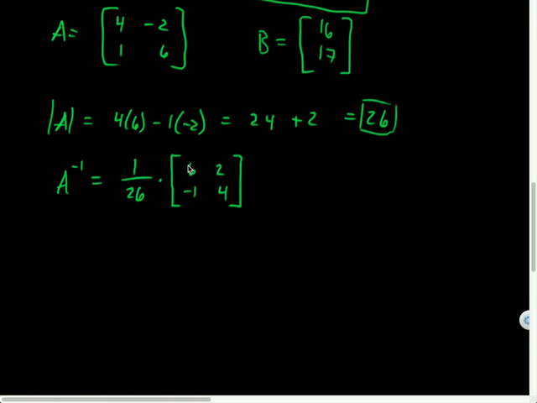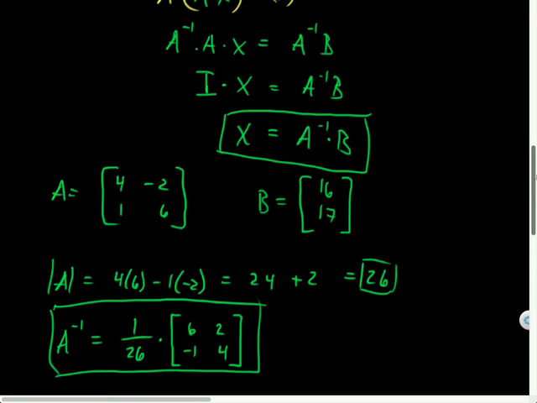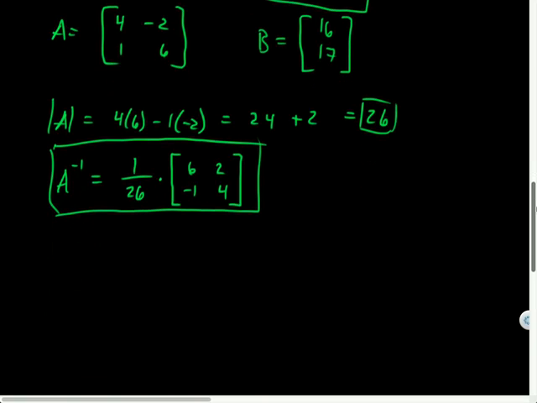And in fact, I'm going to leave the inverse like this. All right, so here's A inverse. That's helpful information for us. And according to our little algebra, what is matrix X equal to? A inverse times B. So let's do that.